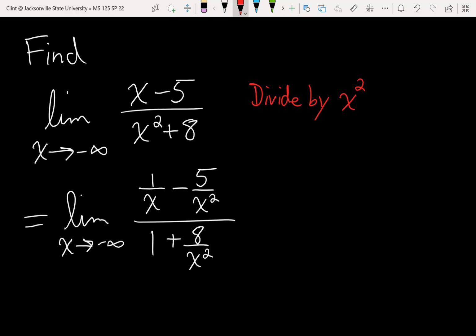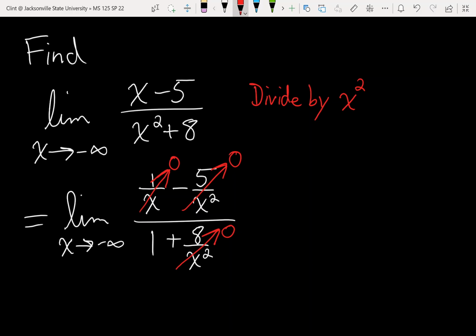Then what happens? Let's take care of the easy parts first. Really, we got three easy parts, because anytime we have something over a power of x, whether we are approaching infinity or negative infinity, those limits are 0.